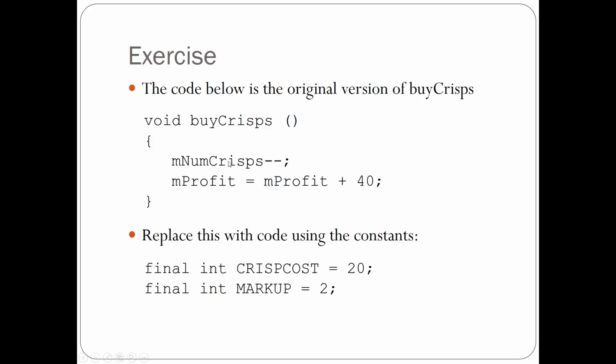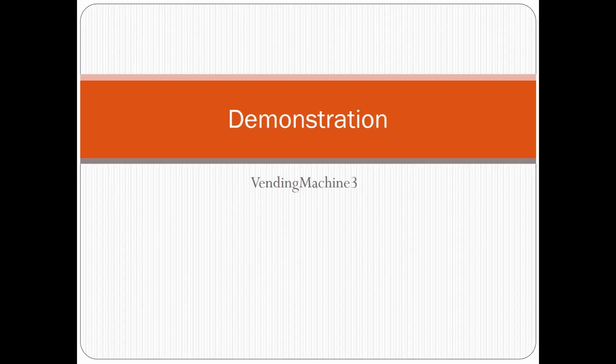Pause the video and have a go at rewriting that code, only using the values of crisp cost, which is a constant set to 20, and markup, which is a constant set to 2. Pause the video, have a quick go at that and see what you get. And we'll have a look at the next instalment of our vending machine class.